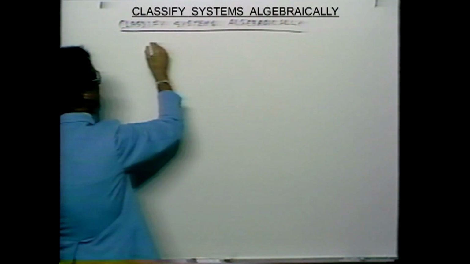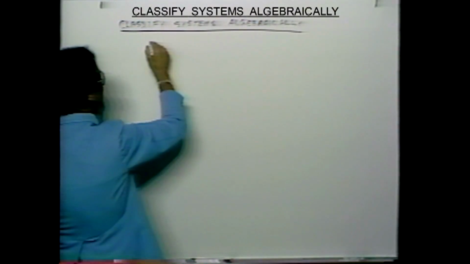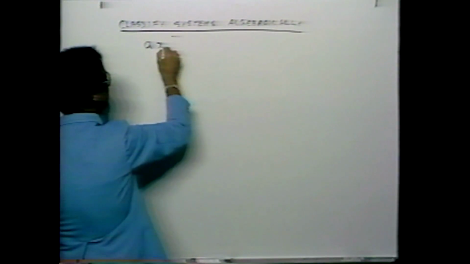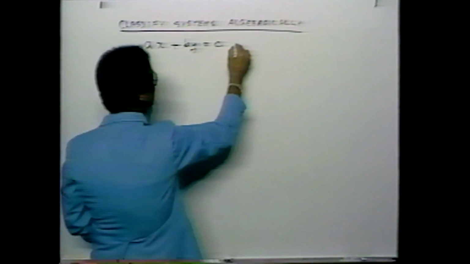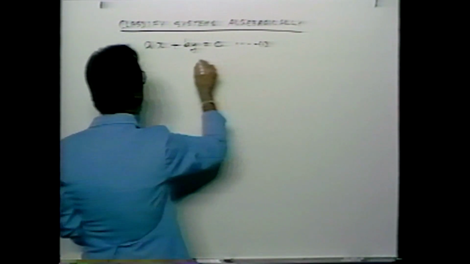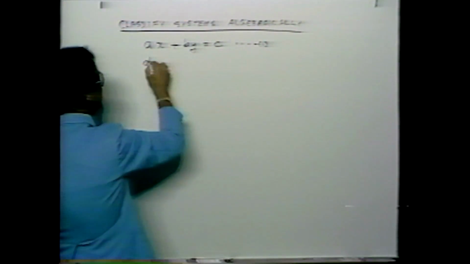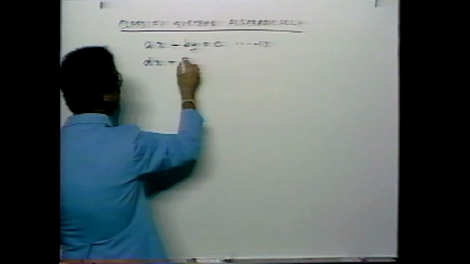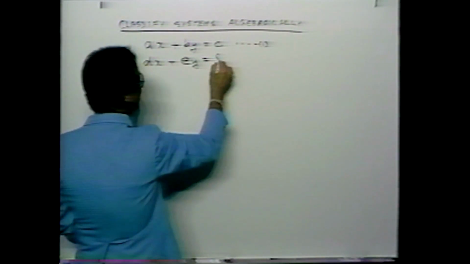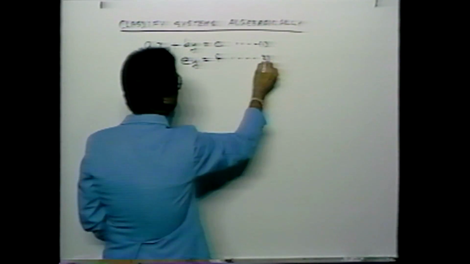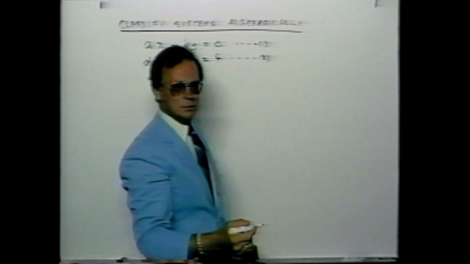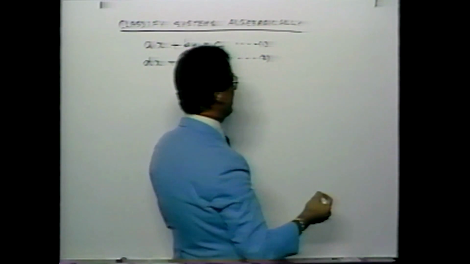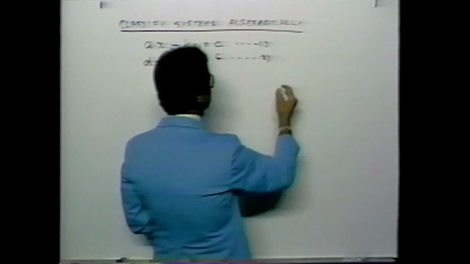And here are the equations I want to look at. Ax plus by equals c, 1. Dx plus ey equals f. A, B, C, and D, E, F are numbers, or, as I've referred to them before, are parameters.